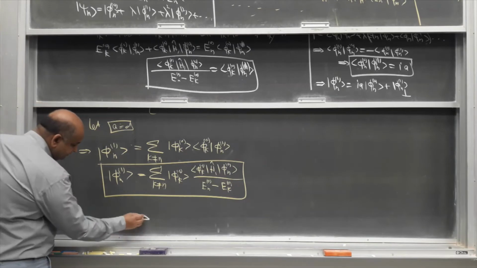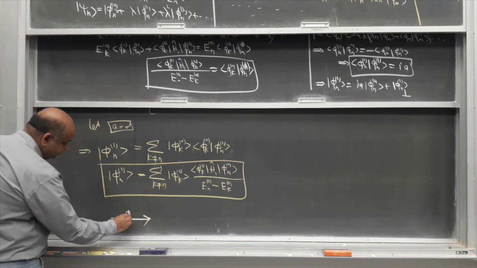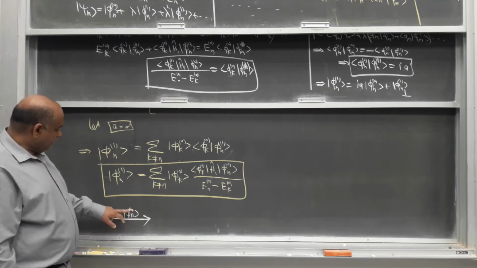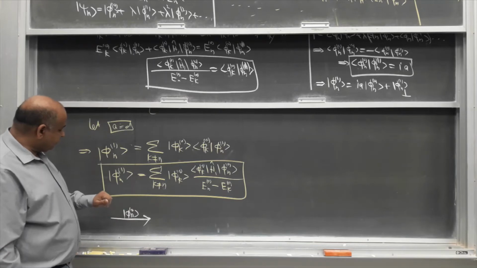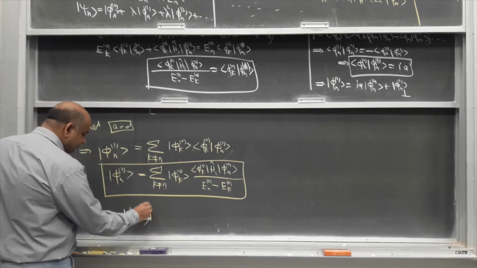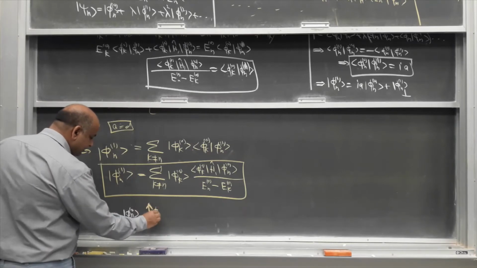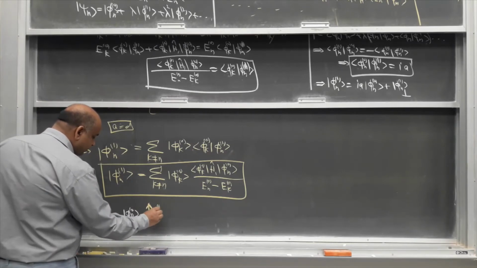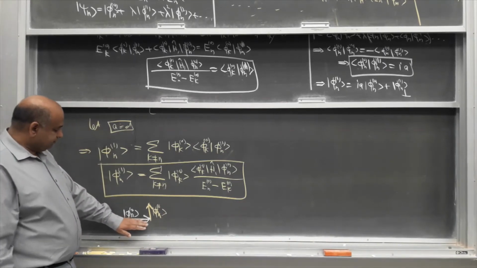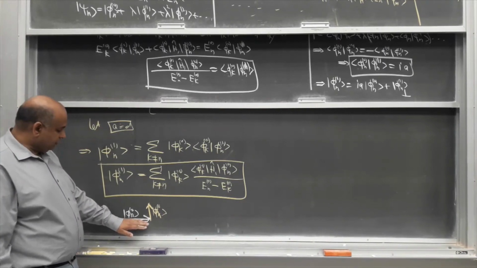We had this unperturbed wave function phi n0, and for the first order perturbation we chose our phi n1 such that it is perpendicular to this original function.